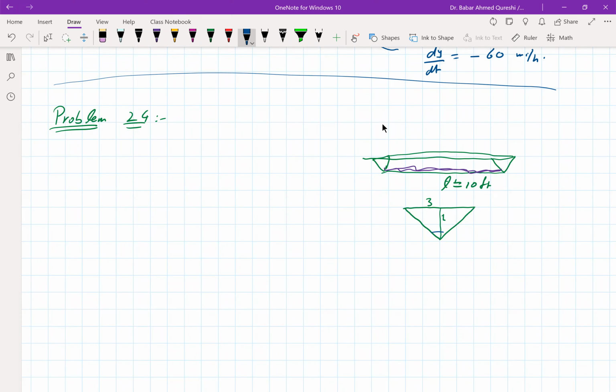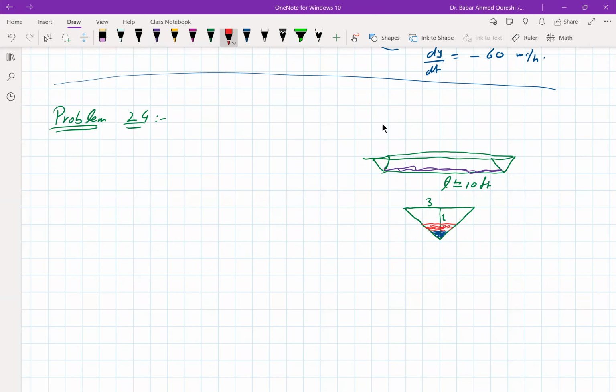Well, the water starts filling like this. At some point, it's like this. And if you look at a later point, it's like this. So if you look at the cross section, the volume of water always makes this kind of isosceles triangle. The difference would be that at a given time, the isosceles triangle will have a different height and a different base compared to the full size of the trough. But it's going to be a similar triangle because it's the same triangle which you are filling up.